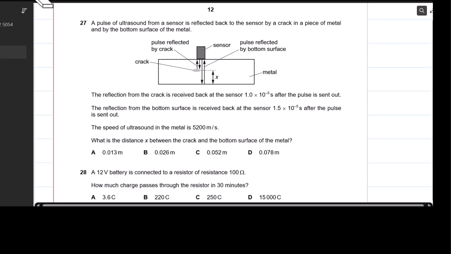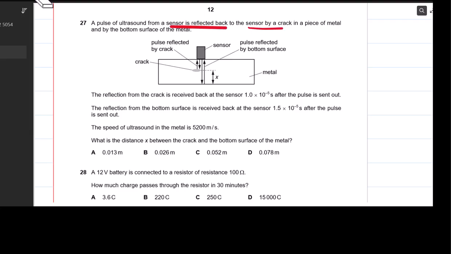A pulse of ultrasound from a sensor is reflected back to the sensor by a crack. So the crack is somewhere here. You can see it is labeled in a piece of metal, and the bottom of the surface of the metal. So this is the bottom of the metal surface. So what is the statement actually? A pulse of ultrasound from a sensor is reflected back to the sensor by a crack and by the bottom surface.